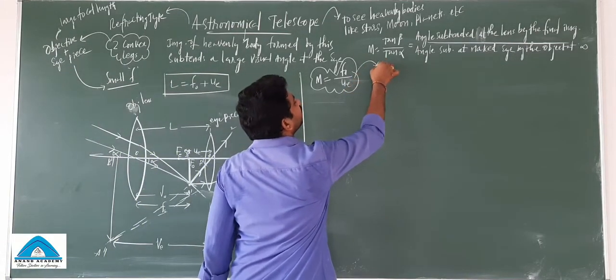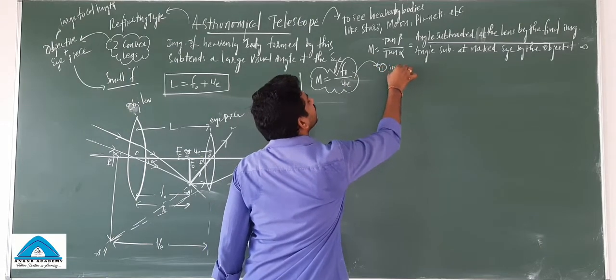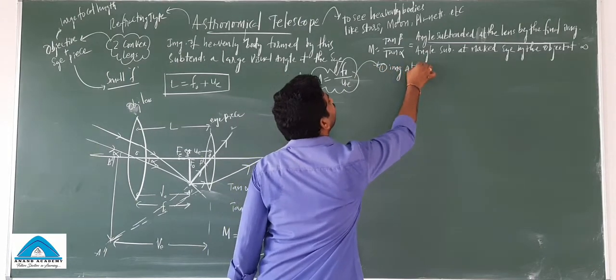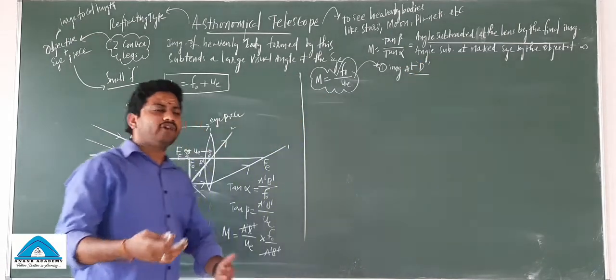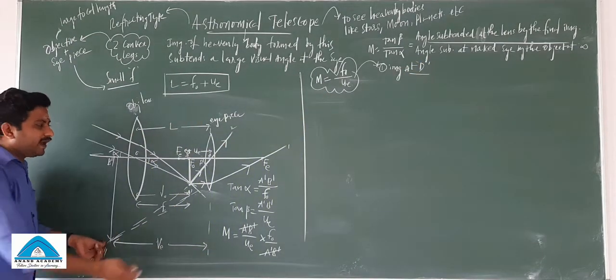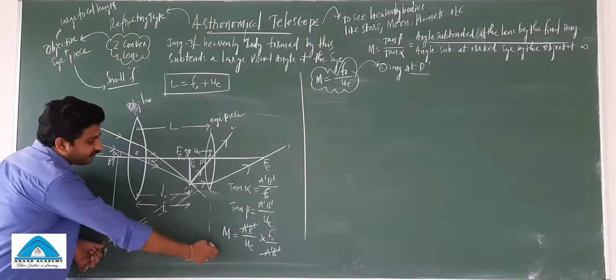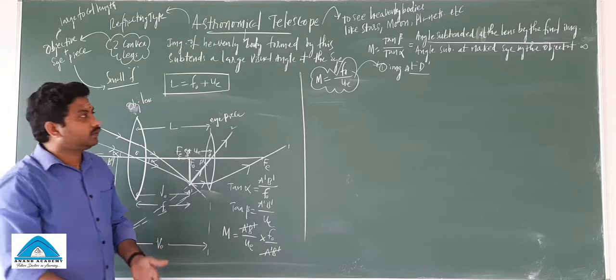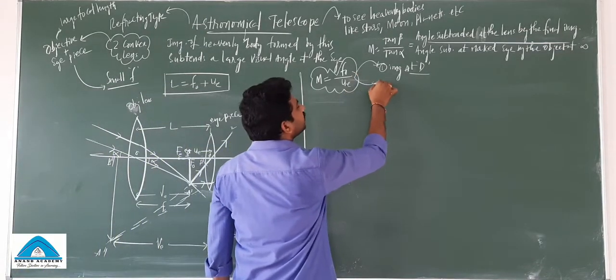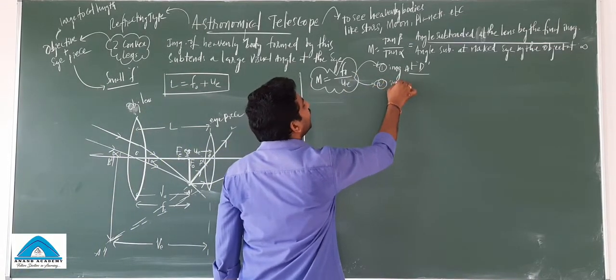So case 1 will be the image formed at D, and case 2 the image formed at infinity. Image formed at D means 25 centimeters from the eyepiece, where we get the maximum size.